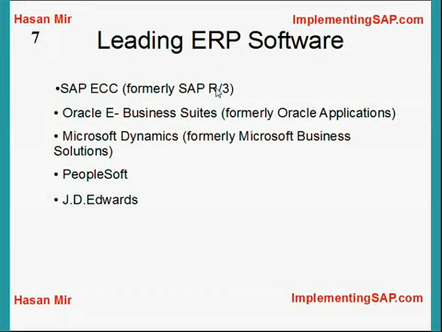Microsoft also produced their ERP called Dynamics, formerly known as Business Solutions. PeopleSoft and JD Edwards were also big players. PeopleSoft was purchased by Oracle, and JD Edwards was purchased by PeopleSoft. Now both PeopleSoft and JD Edwards are part of Oracle Corporation.